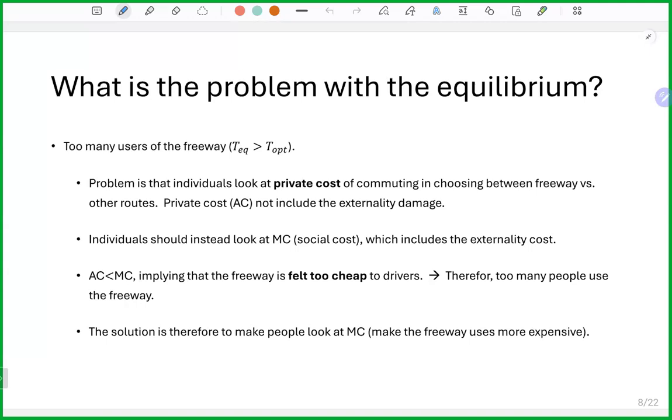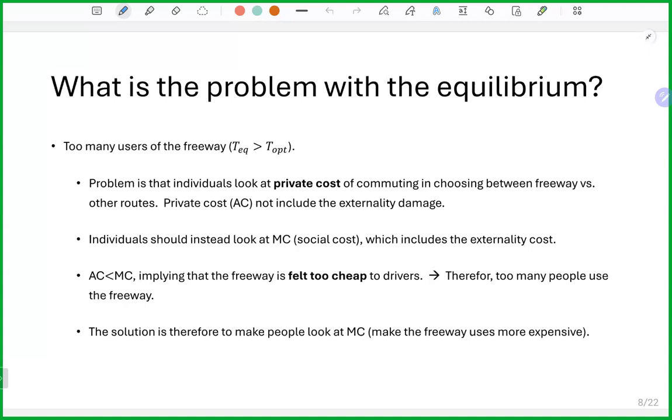Then what is the outcome? The outcome is socially optimal. In other words, this is an equilibrium, consistent with Nash equilibrium. So individuals pursue their own interest, then the outcome will reach this equilibrium.